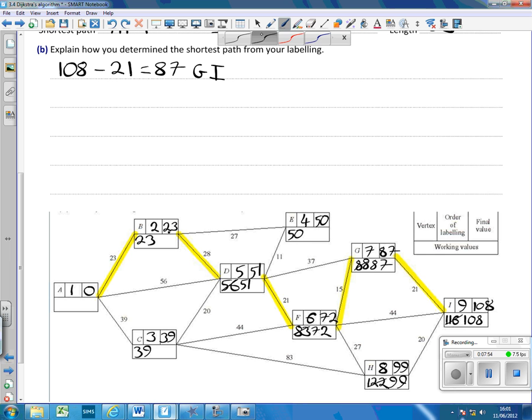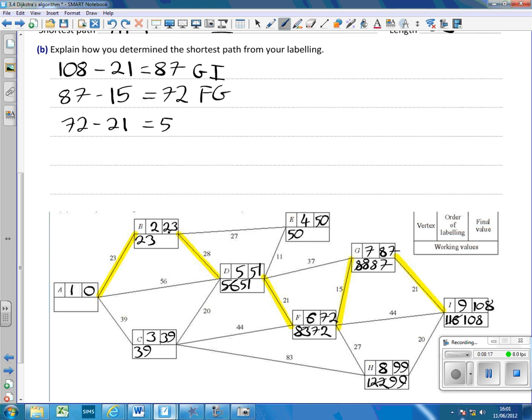And then we were on 87, and when we did 87 minus 15, because that gave us 72, we could conclude that edge FG was in the solution, and then 72 minus 21 equal to 51. The conclusion being that DF is in the solution, is part of the shortest path.